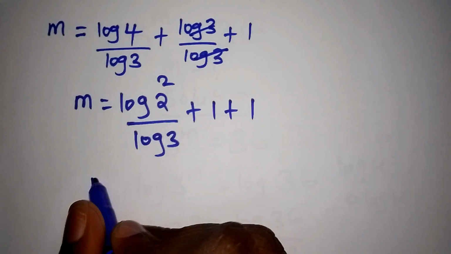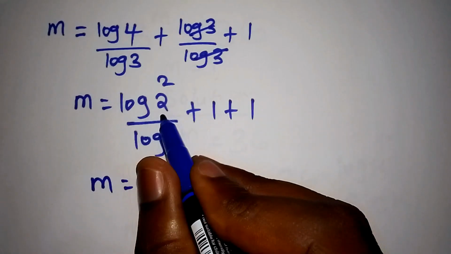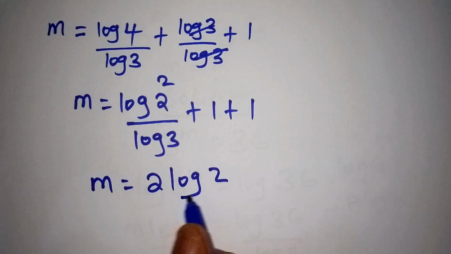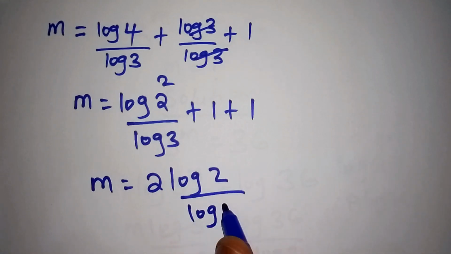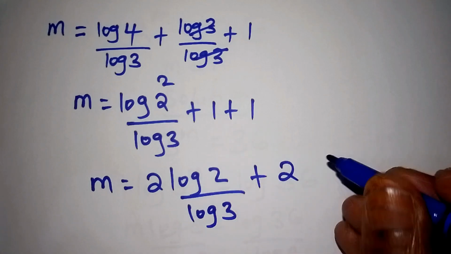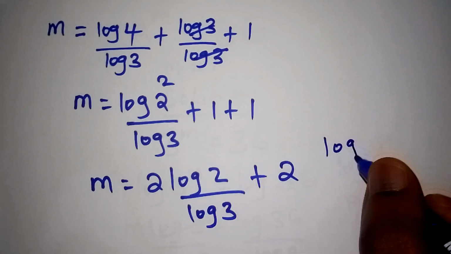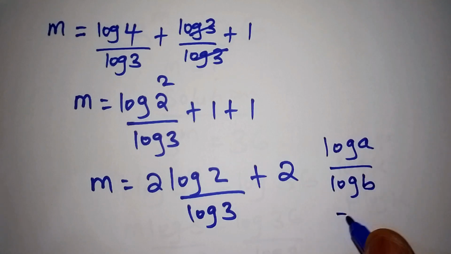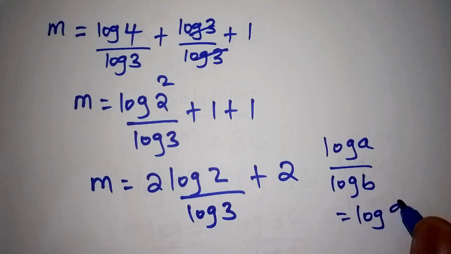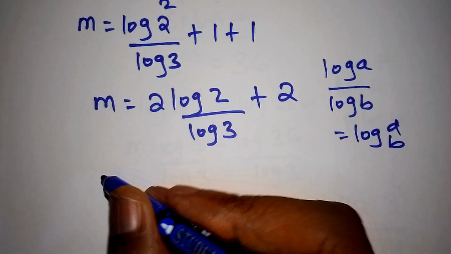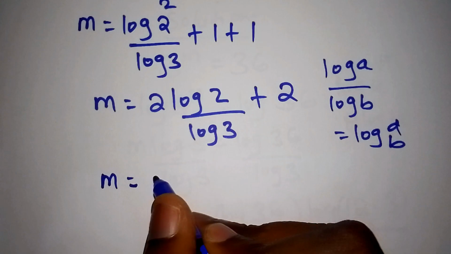The log of 2 to the power of 2 can be written as 2, the log of 2, all over the log of 3, plus 2. Assuming that we have, for example, the log of a all over the log of b, this can be written as the log of a to the base of b.